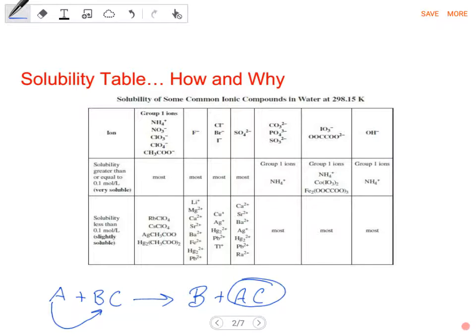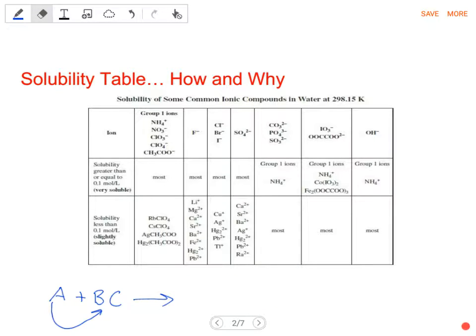When we have an ionic compound, we must state whether this compound will remain a solid in water or if it will break apart into its ions.